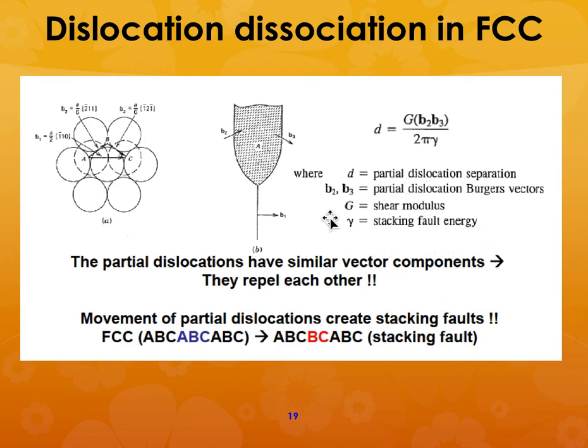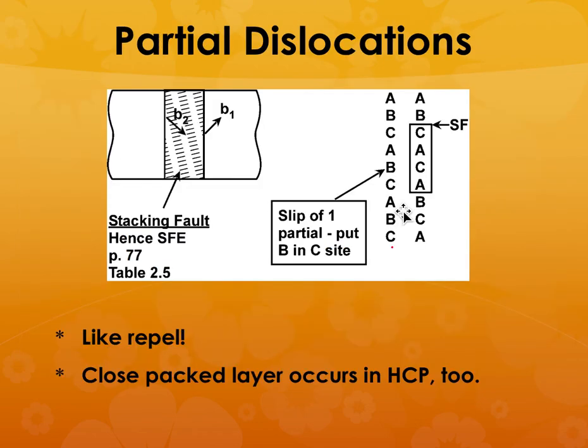The partial dislocation separation is derived to be equal to G times b2 into b3 divided by 2 pi gamma. For every material the dislocation separation is related to the stacking fault energy. For each material this has been calculated, and you should be able to find it in handbooks.